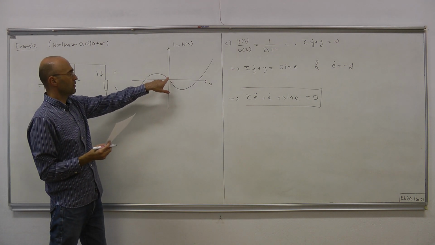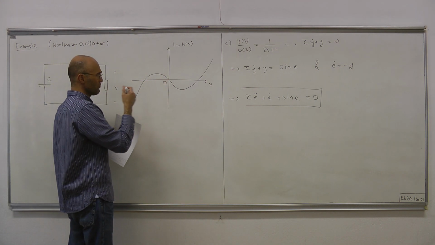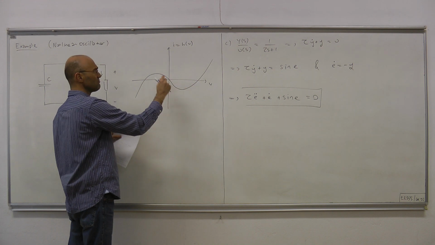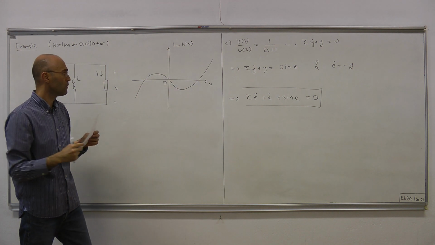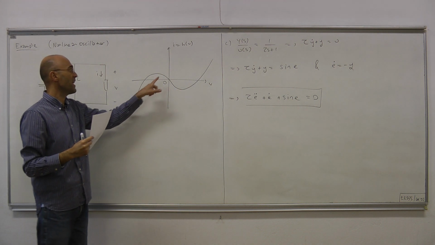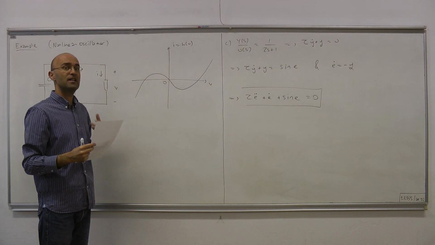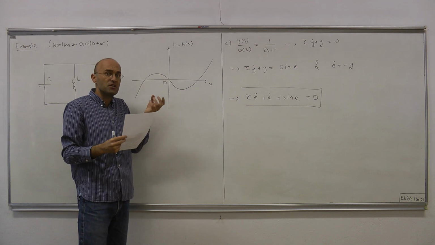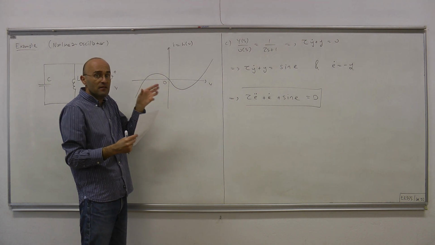So the shape tells us the following: for voltage and current, when they're small, here the slope is negative. So it behaves like a negative resistor in a sense. So what it means is it's an active component, in that region.